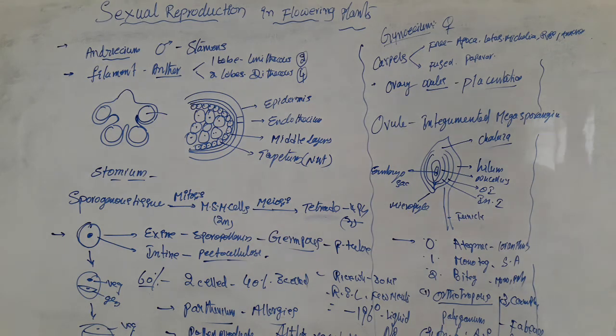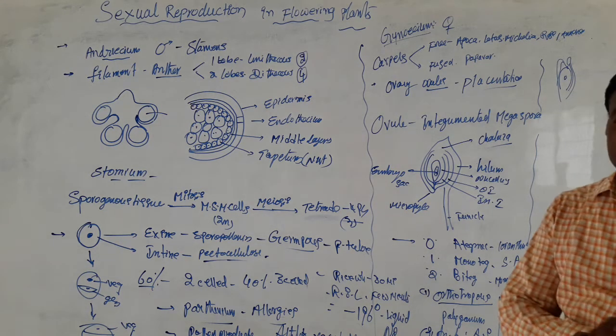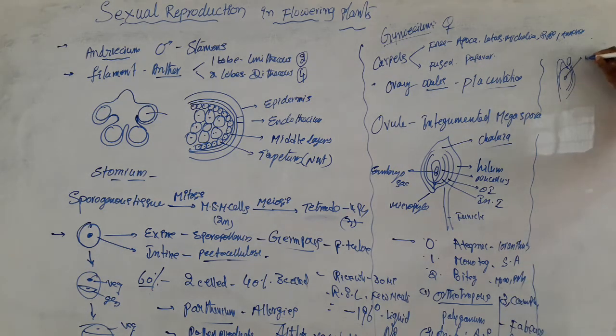During the time of female gametophyte development, we have the nucellus and integuments. Deep within the nucellus, one of the nucellar cells develops into an archesporial cell. This archesporial cell develops into the large megaspore mother cell.